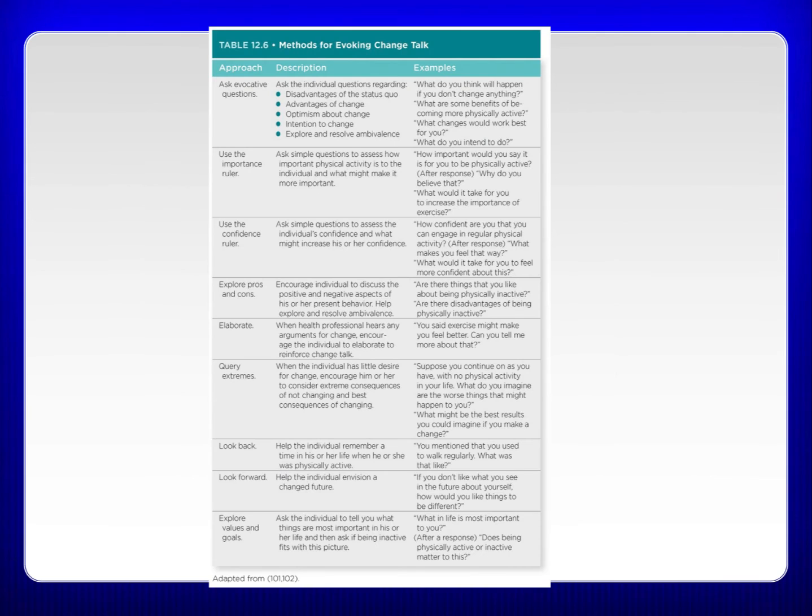Methods to evoke change talk. Ask evocative questions. Ask the individual questions regarding disadvantages, advantages, optimism, intention. Use the importance ruler. Ask simple questions to assess how important physical activity is. You could read these.